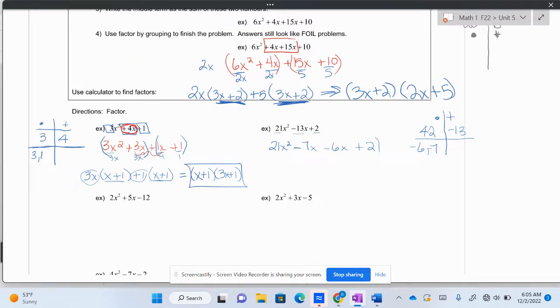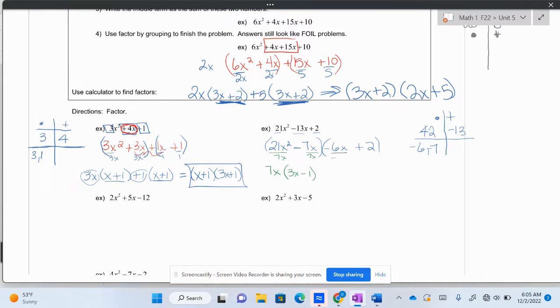So when I do my groupings, what can I take out of this first one? Well, let's see. I said they have a common factor of 7. They really have a common factor of 7x, right? So 7x times the quantity 21x squared divided by 7x is 3x. 7x divided by 7x is 1.